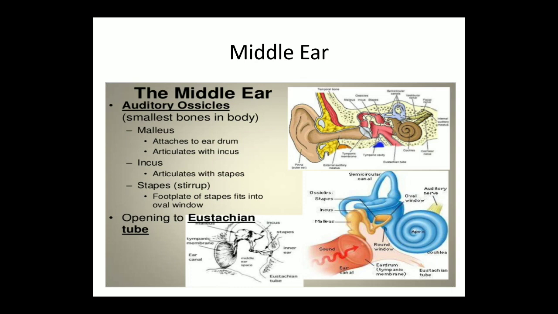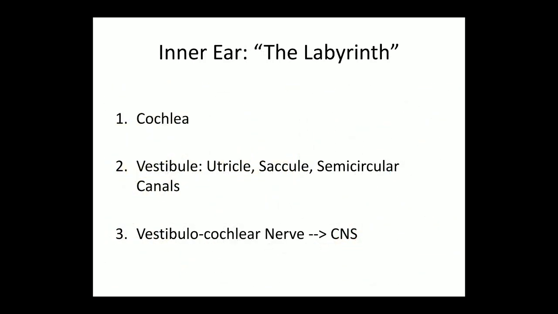Let's move further. Inner ear, which is also called the labyrinth. It has three parts: cochlea, vestibule, and vestibulocochlear nerve. The vestibule again has three parts: utricle, saccule, and semicircular canals.